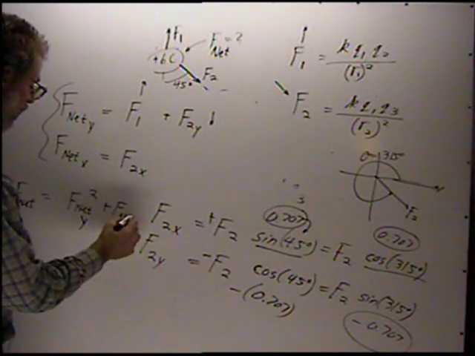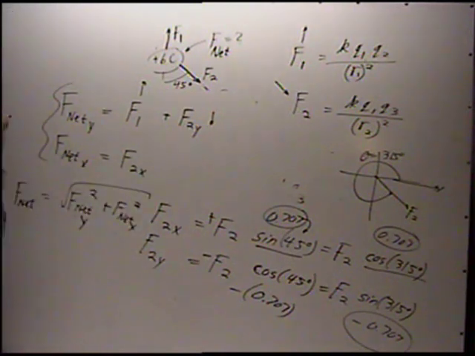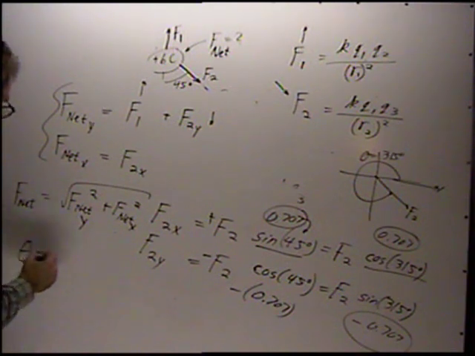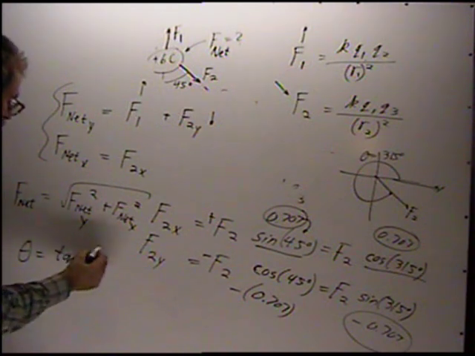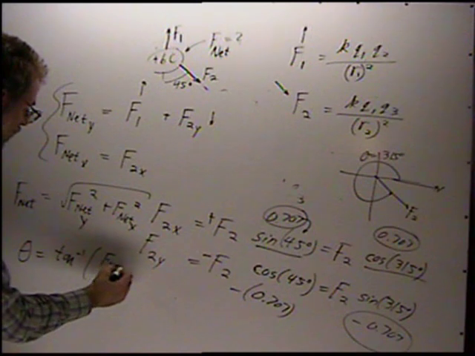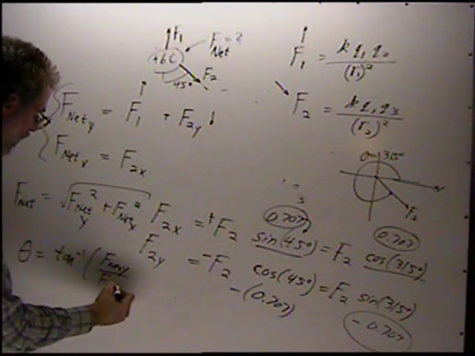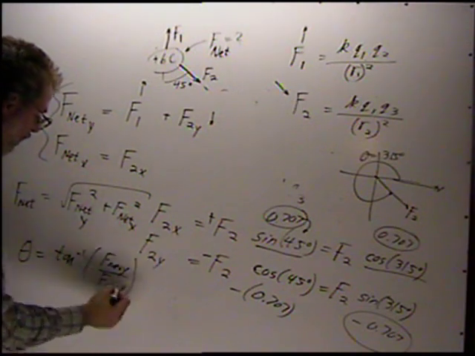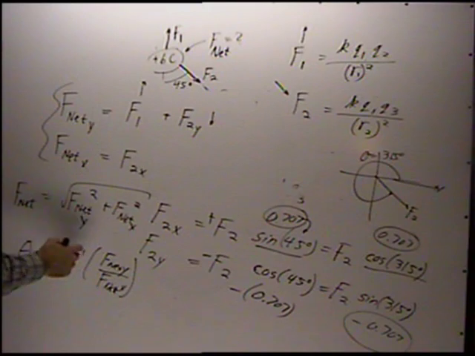We take the two components, we square them, and you take the square root. And the angle is simply the exact same thing. If you take the tangent of the angle, it would be F net y divided by F net x, the y divided by x, and take the inverse tangent.